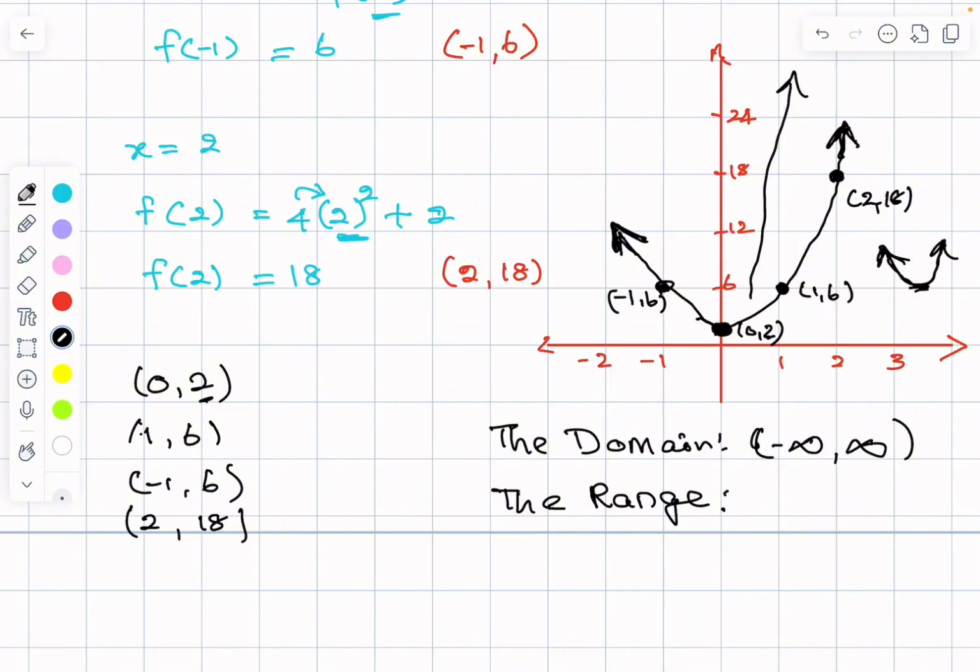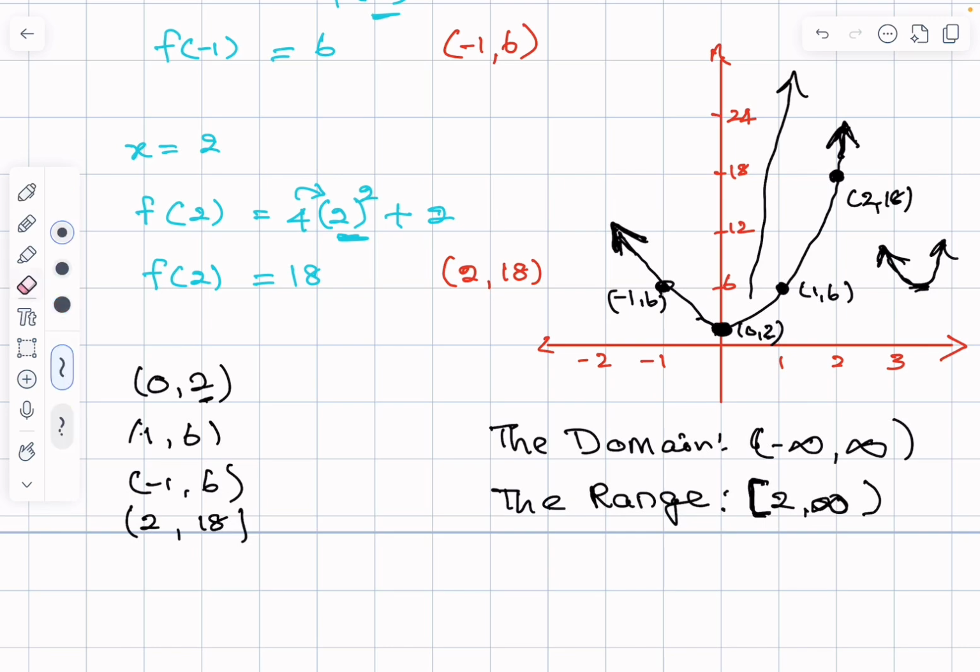So the range is all real numbers greater than or equal to 2. So in interval notation, let's write here the range: closed bracket 2 to infinity, open on that side.